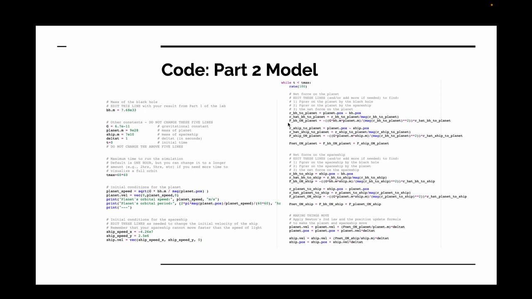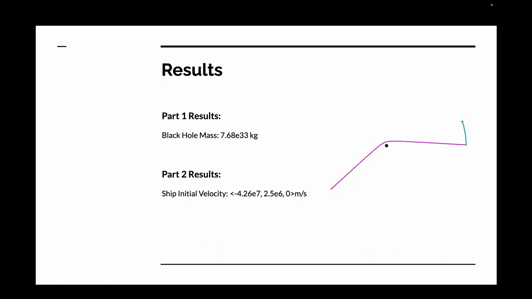Now, in here, it shows the force of the black hole on the planet and the force of the ship on the planet, as well as the force of the black hole on the ship and the force of the planet on the ship. And with these, we can then plot to see how we need to rearrange our initial velocity to make sure the ship passes by safely.